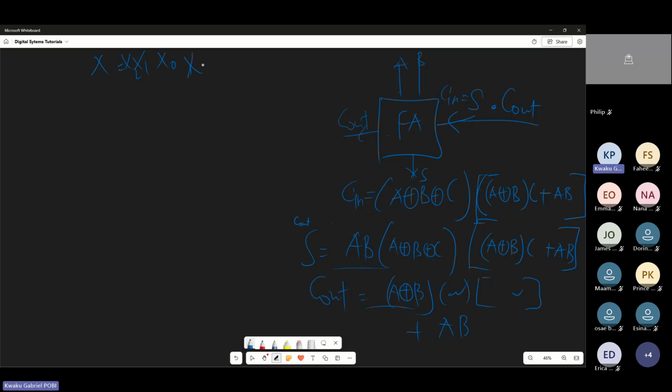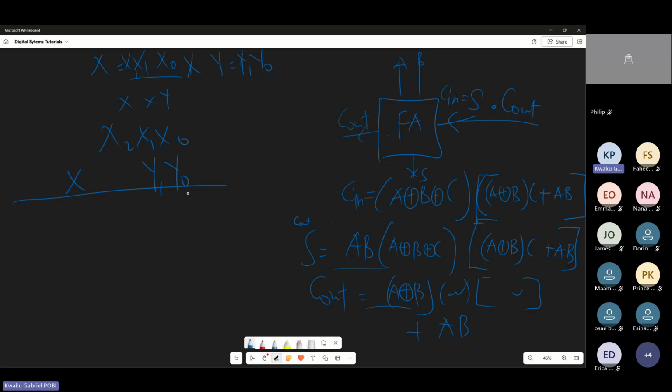And this times, let's say Y, which is Y1 and then Y0. It means you do it just like having X times Y. Now here, since this is 3 bits, you have to represent it this way. And then your Y1 and then your Y0 will come and multiply.